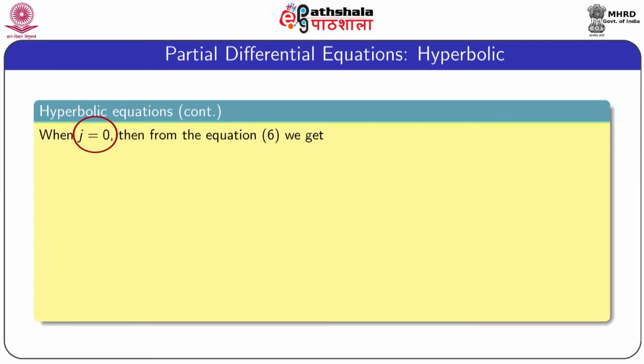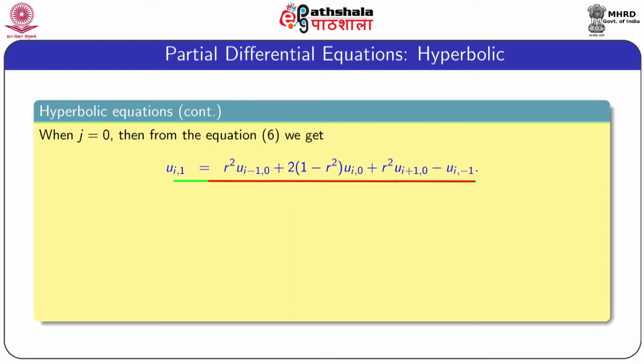When j equal to 0, then from equation 6, we have u(i, 1) equal to r square into u(i minus 1, 0) plus 2 into (1 minus r square) u(i, 0) plus r square u(i plus 1, 0) minus u(i, minus 1). But u(i, minus 1) is not a valid value, but it can be determined from the initial condition for the first derivative.